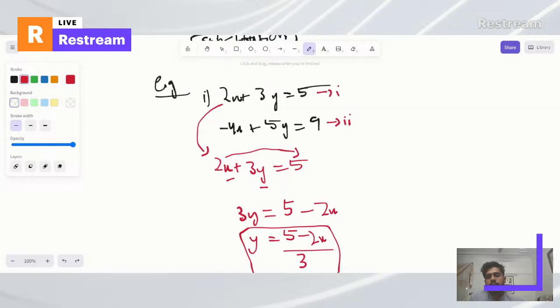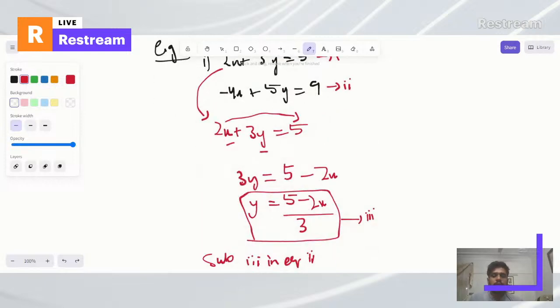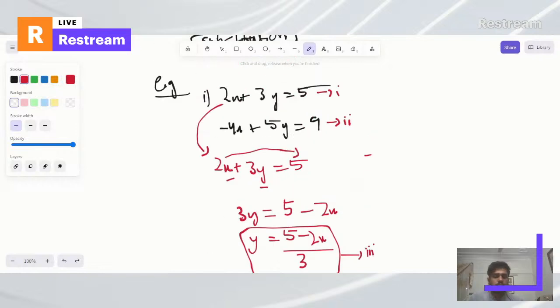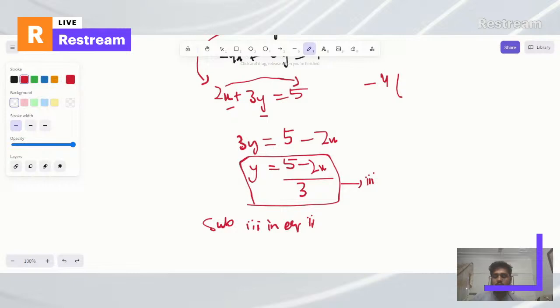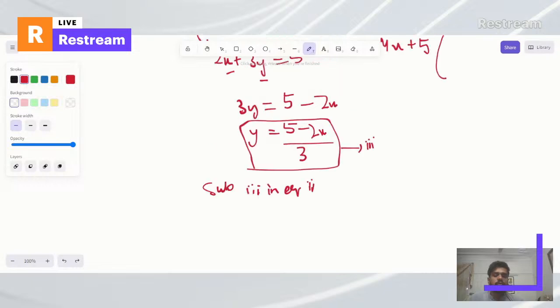So now we're going to substitute. Let's take this as equation 3. We're going to substitute equation 3 in equation 2, right? So equation 2 is minus 4x plus 5y. What's the value of y? We can write this whole expression instead of y.